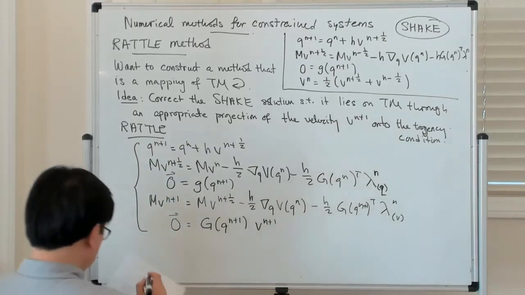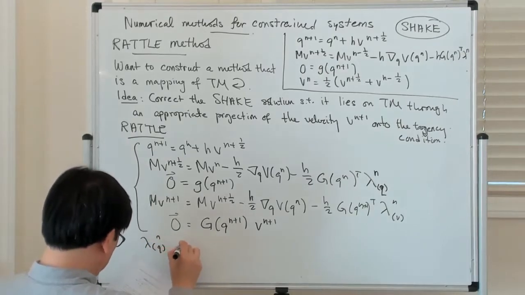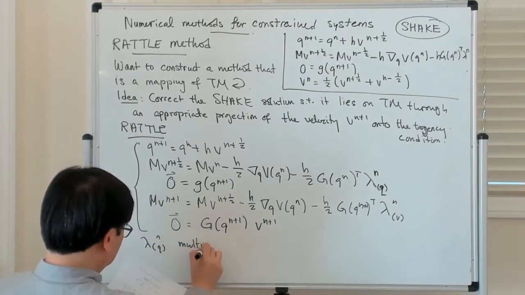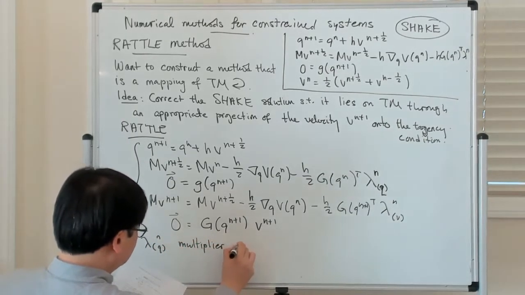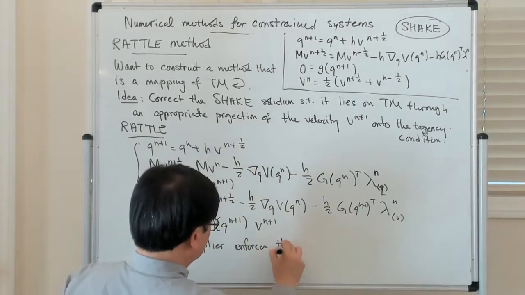Okay, and then the lambda q_n multiplier enforces the position constraint.